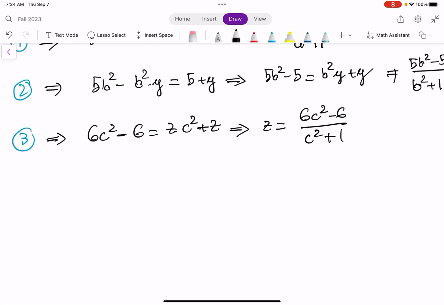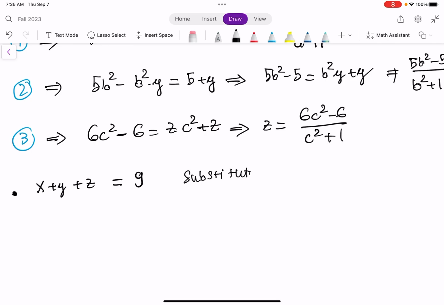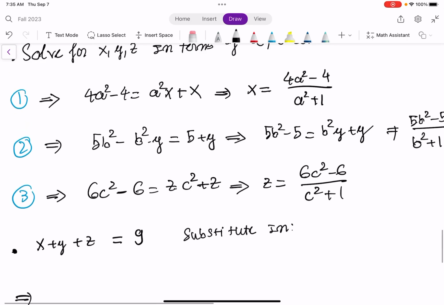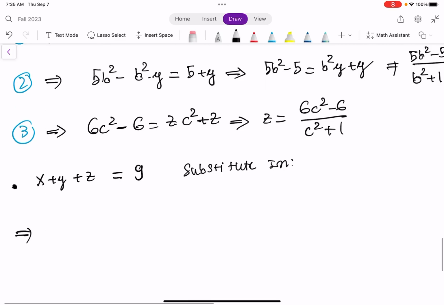Wonderful. Now we have x, y, z in terms of a, b, c, right? And you also notice that x plus y plus z equals 9. Okay, so now we can go ahead and substitute in a, b, and c. So what's x? (4a squared minus 4) over (a squared plus 1).